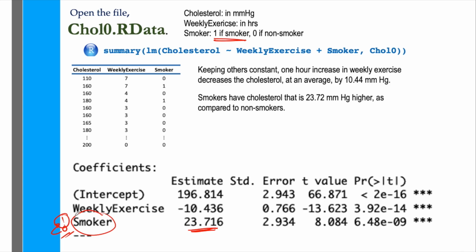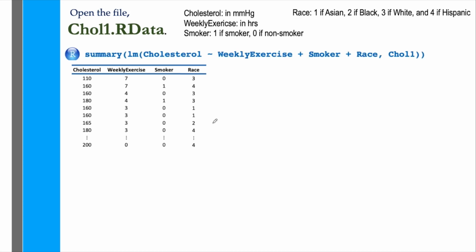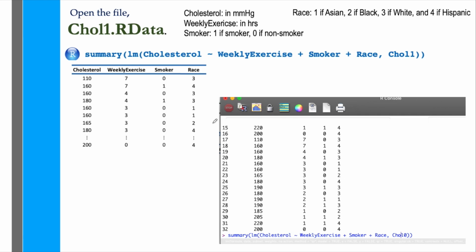Now, let's try to add a variable. On call 1, I added race, in which 1 is Asian, 2 is black, 3 is white, and 4 is Hispanic. Let's try to come up with a linear regression model using this data.